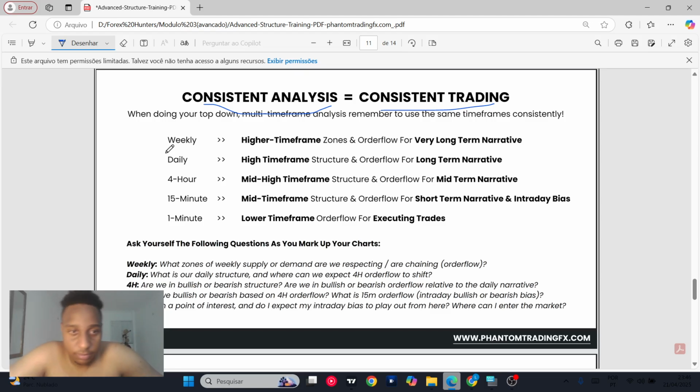So guys, again, weekly higher time frame zones for a very long term narrative.